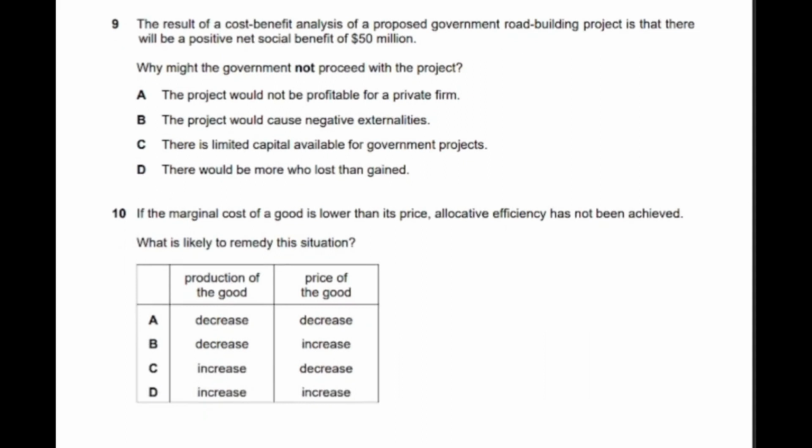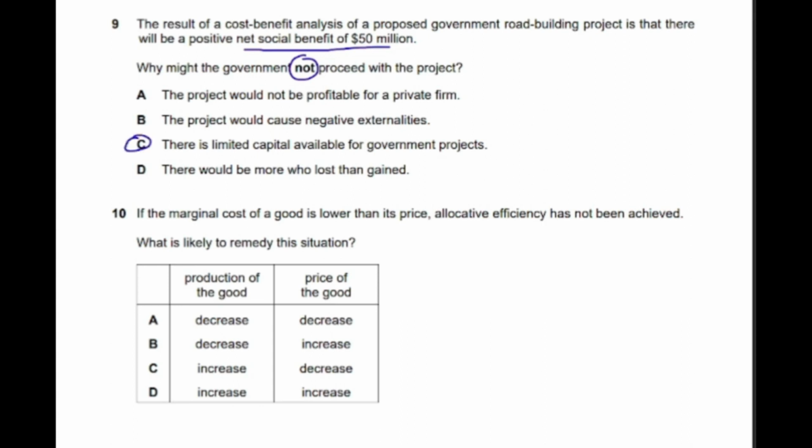Question number 9 says the result of a cost benefit analysis of a proposed government road building project is that there will be a positive net social benefit of $50 million. Why might the government not proceed with the project? Even though its social benefits are high, why will a government not proceed with this project?